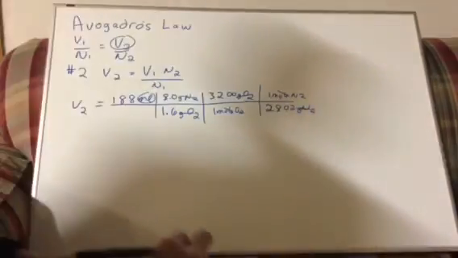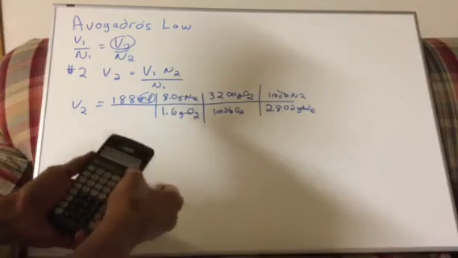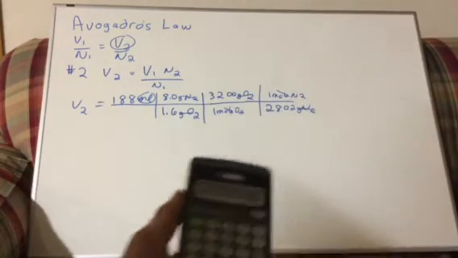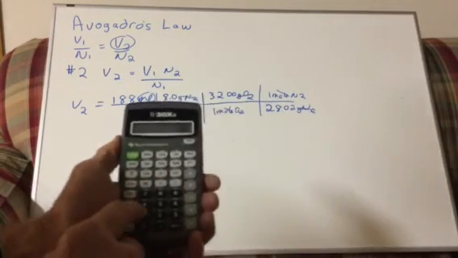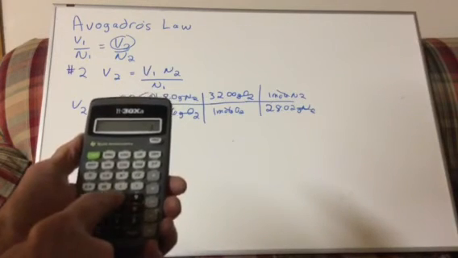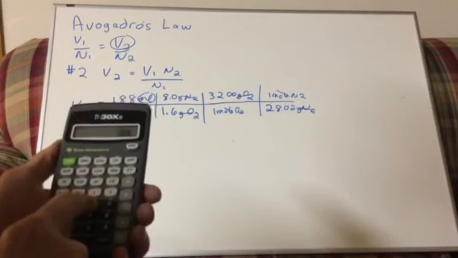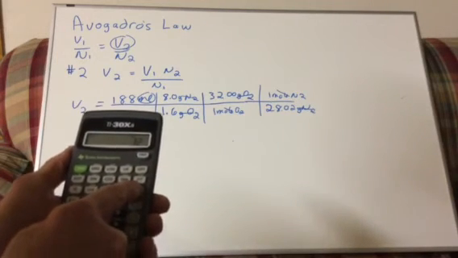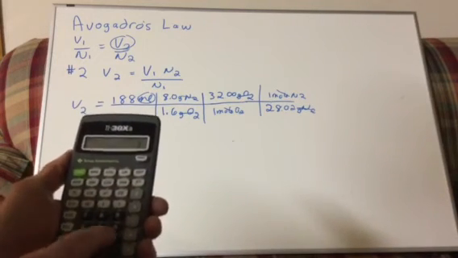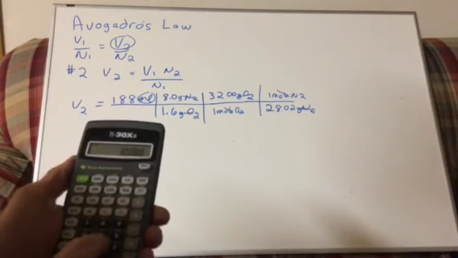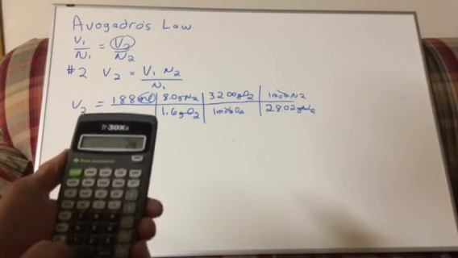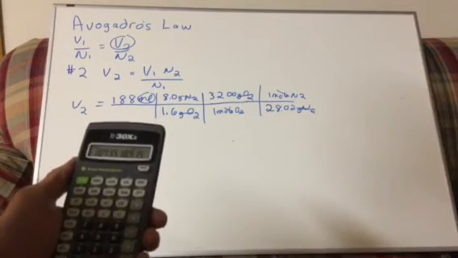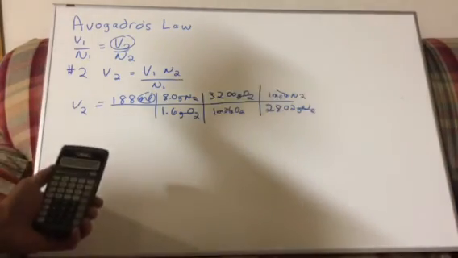Now, there was a mistake made on the key, and that's why I want to do this for you. You probably can't see this real well, but it's 188 times 8 times 32 divided by 1.6 and divided by 28.02, and I get 1073.5.